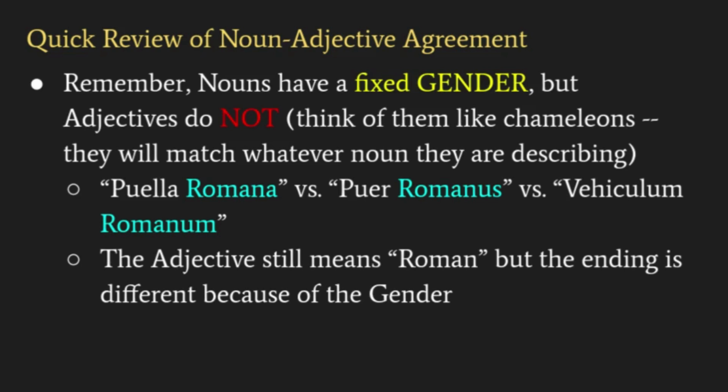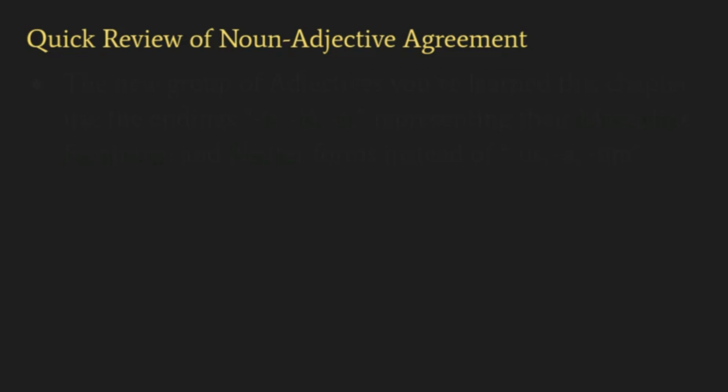They're going to match whatever they're next to, whatever they're describing, which is why you would say puella romana, puer romanus, and vehiculum romanum. Romana, romanus, and romanum all mean Roman, right? It's the exact same adjective. The reason it's spelled differently is because of the gender. Puella is feminine, puer is masculine, vehiculum is neuter. So this idea, you want to kind of lock in, the idea that an adjective is describing a noun.